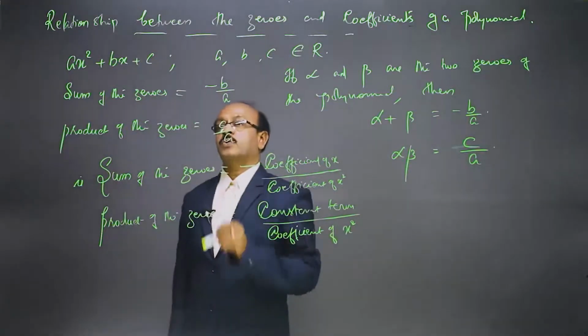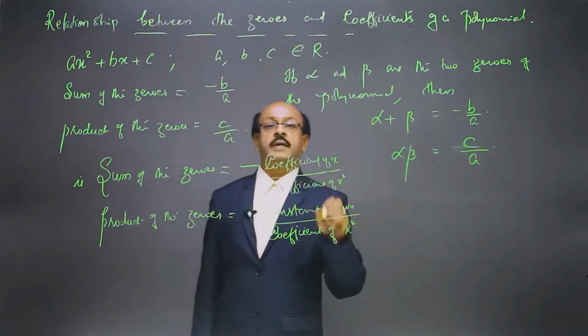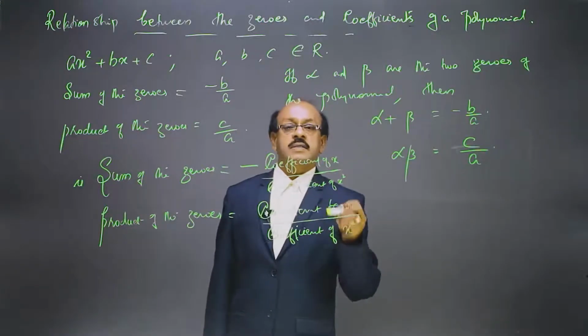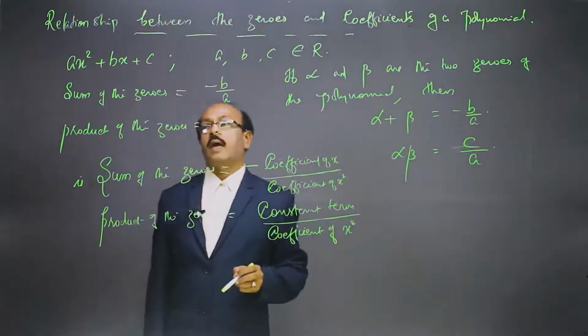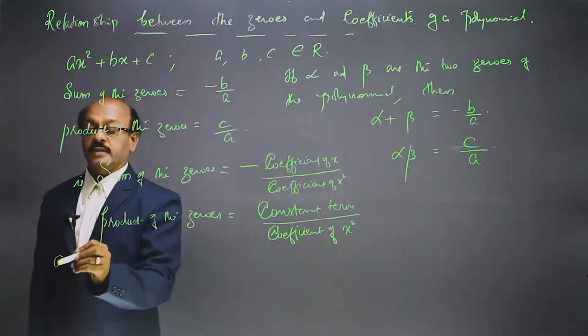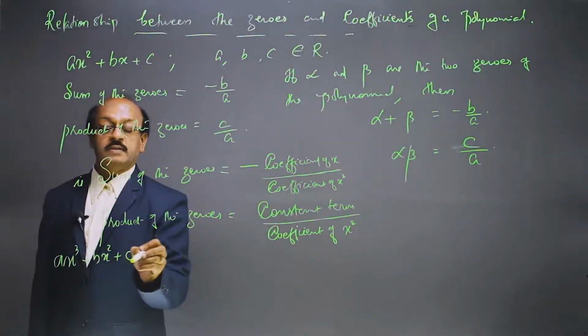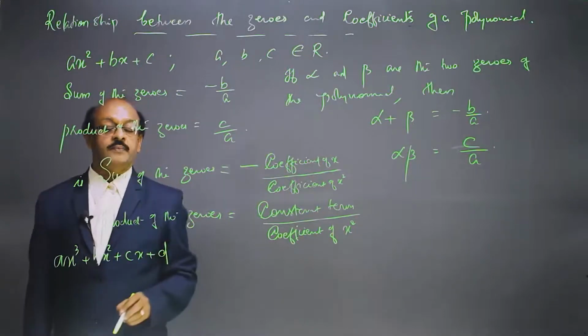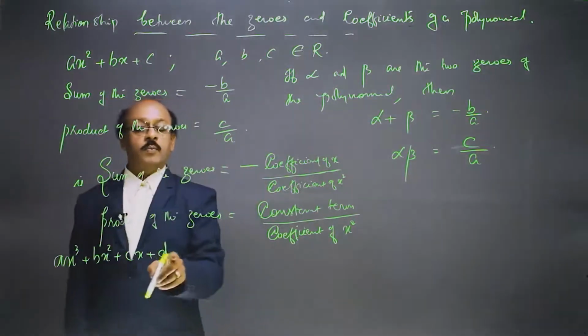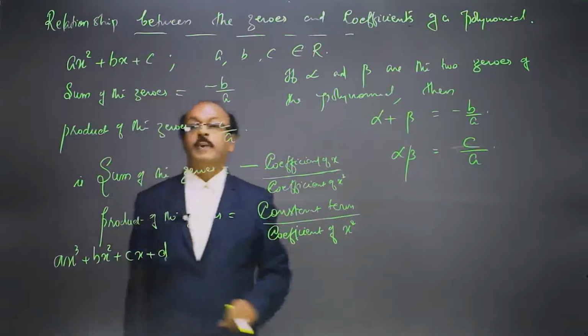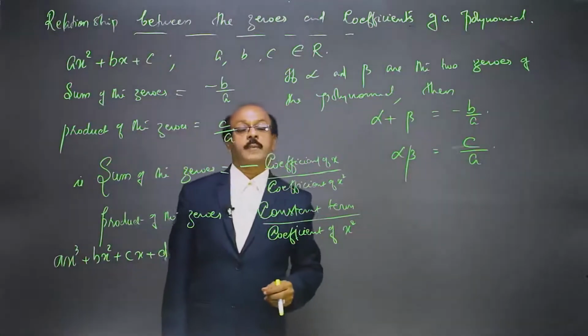Now ax square plus bx plus c is the standard form or general form of a second degree polynomial, and ax cube plus bx square plus cx plus d is the standard form or general form of a cubic polynomial or a third degree polynomial.